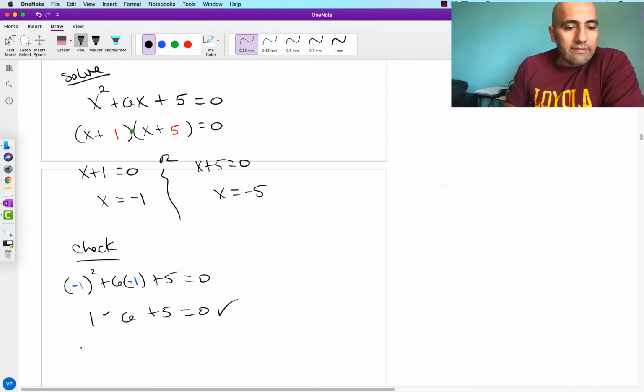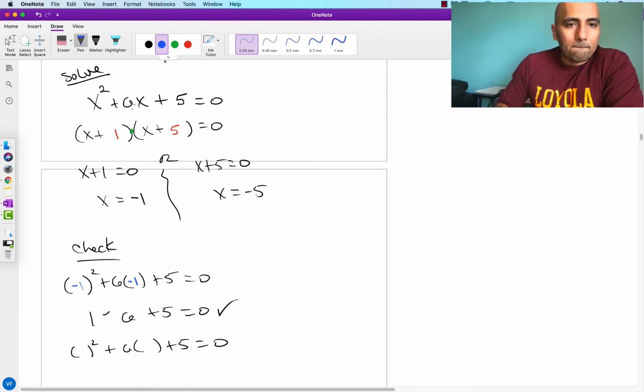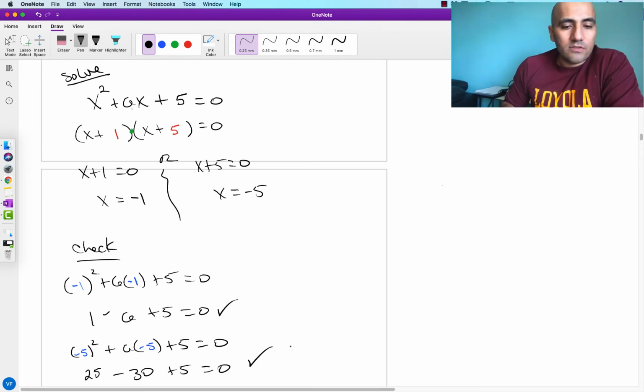What about negative 5? Blank squared plus 6 times blank plus 5 equals 0. So this would be negative 5 squared minus 30 plus 5. And so that'll be 25 minus 30 plus 5, which definitely equals 0.